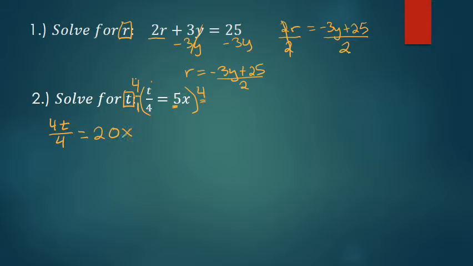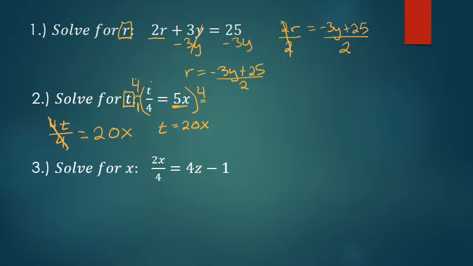And x. So basically I say I have 5x's here. I'm multiplying by 4, so I have 4 times the x's I started with. So now I have 20 x's. Okay, now 4 divided by 4 is 1. So the 4's go away, and I'm left with t equals 20x. And that is my final answer for number 2.